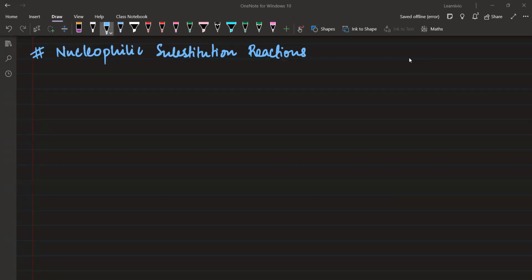So what is it going to attack? It is going to attack the electrophilic centers. The nucleophilic reagent is going to attack the electrophilic center. So what is a nucleophilic substitution reaction? Write with me.